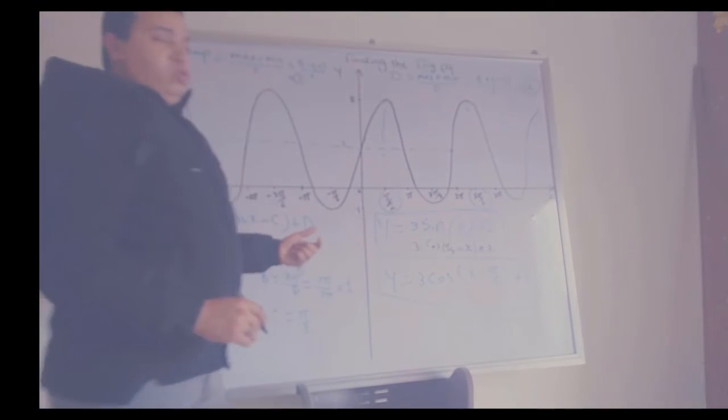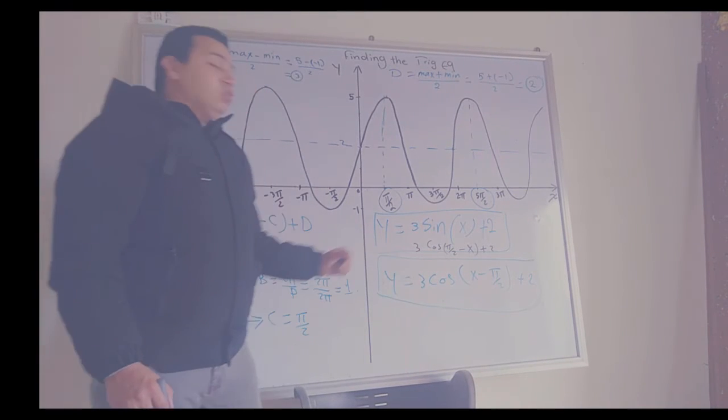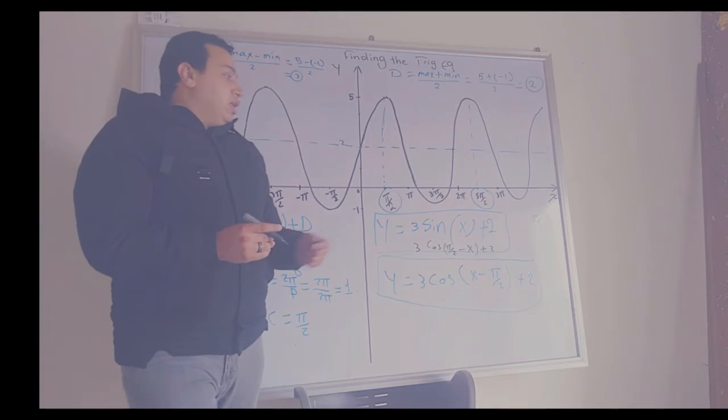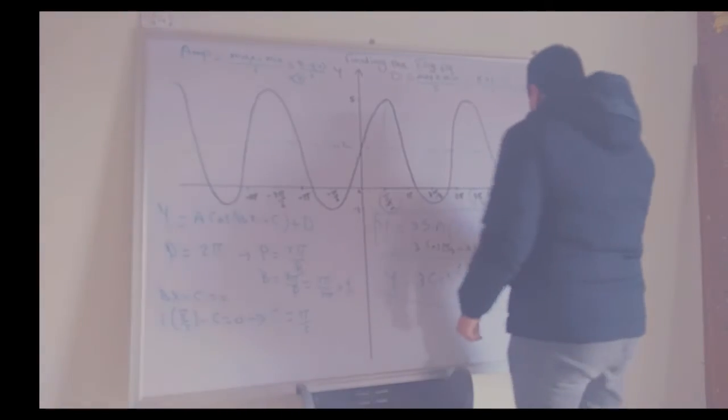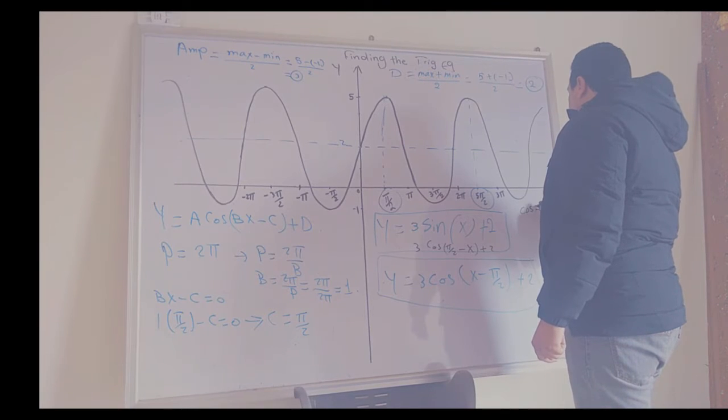But we are used to writing x minus pi over 2. The cosine of pi over 2 minus x is the same as cosine of x minus pi over 2, according to the identity that cosine of negative x equals cosine x.